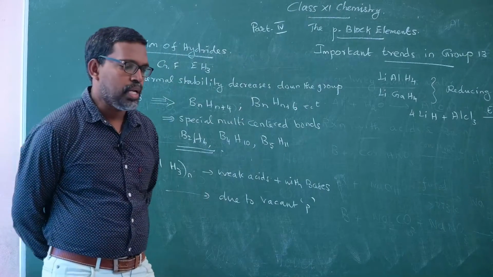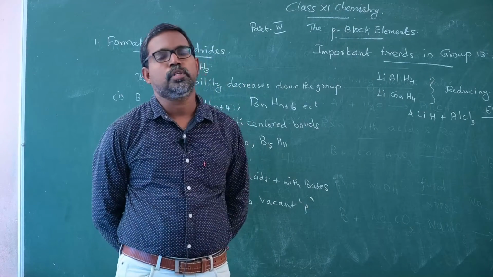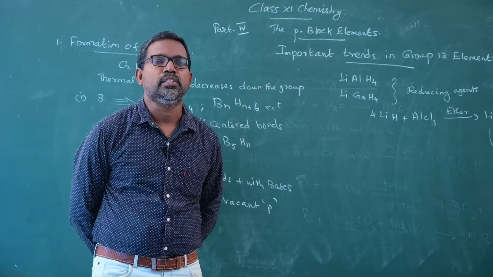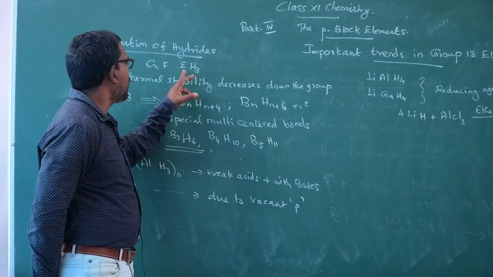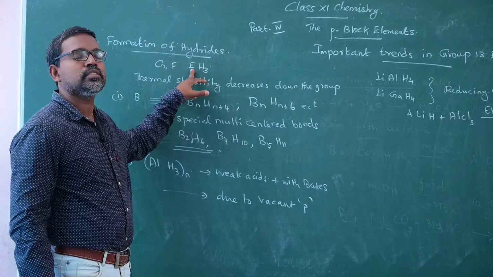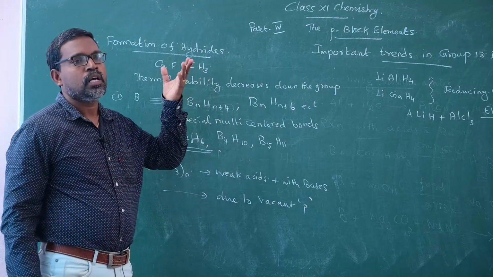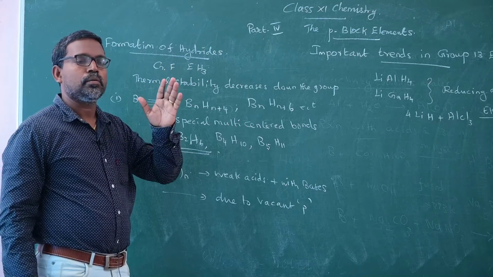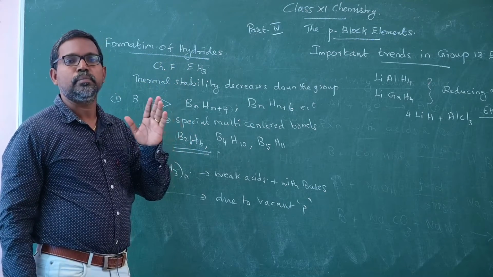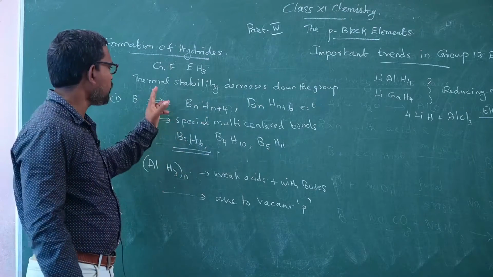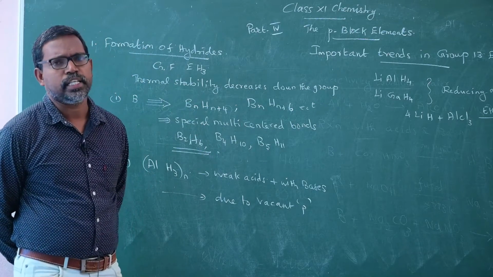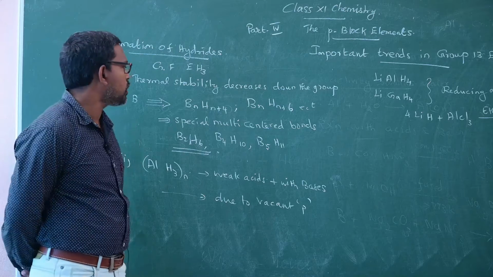Most of the boron family elements form hydrides with general formula EH3, where E is a boron family member: boron, aluminium, gallium, indium, etc. The thermal stability of these hydrides decreases as we move down the group.